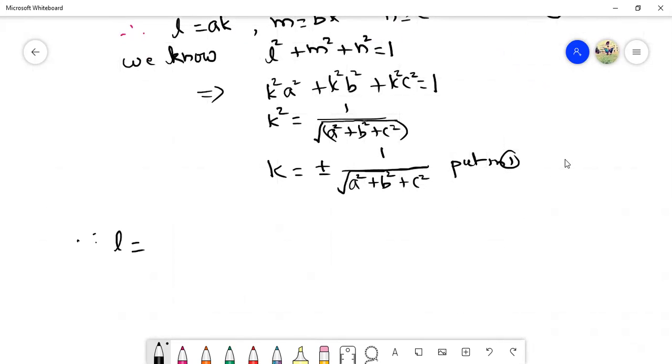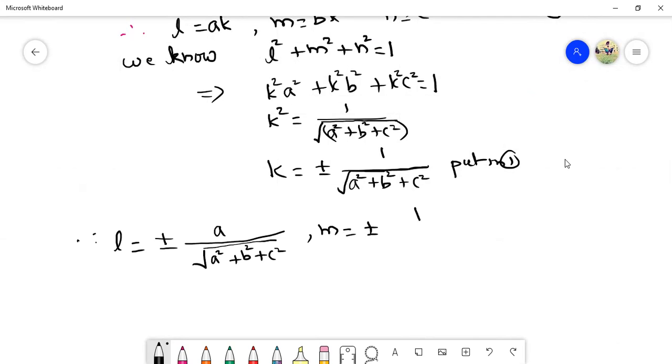Therefore, L will be equal to plus minus A upon under root A square plus B square plus C square. So if you know direction ratios, you can find the direction cosine by using this formula.